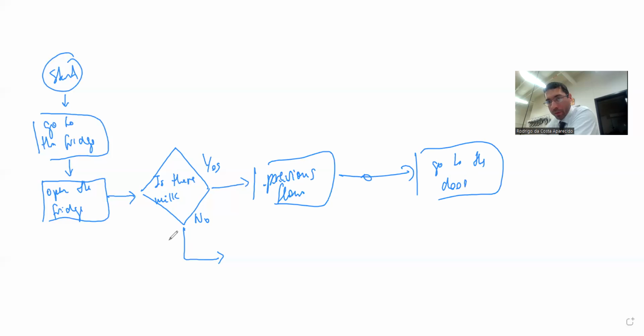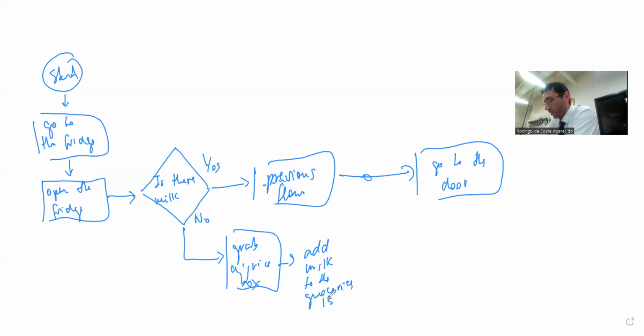If there's no milk, we're going to say, okay, grab a juice box, add milk to the groceries list. And then these two are going to follow the same path after that. Correct?